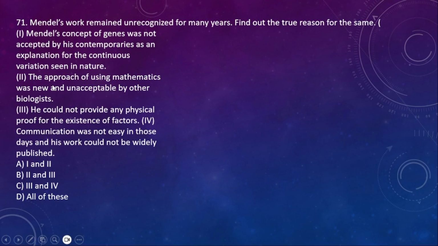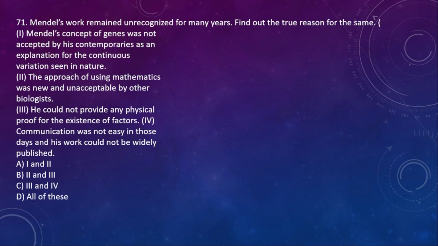Second one, the approach of using mathematics was new and unacceptable to the other biologists. This one is also true. Third one, he could not provide any physical proof for the existence of the factors. This is also correct. And then fourth one, the communication was not easy in those days and his work could not be widely published.